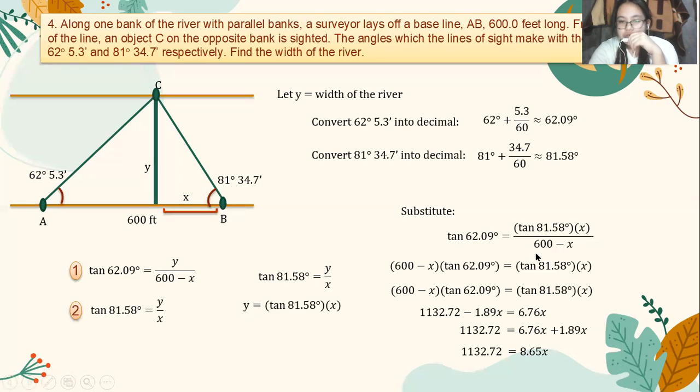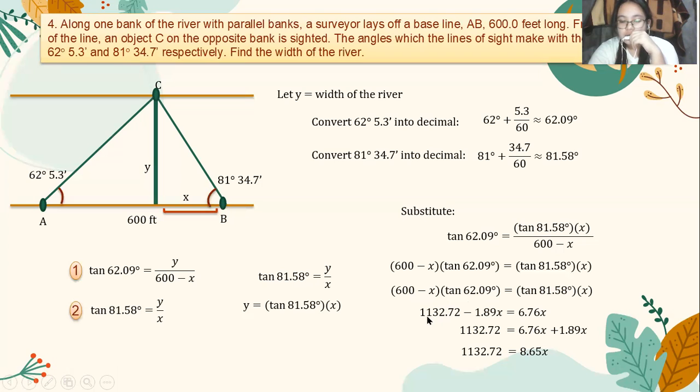So we have tangent 62.09 degrees equal to tangent 81.58 degrees times x over 600 minus x. Cross multiplying, we get 600 minus x times tangent 62.09 degrees equals tangent 81.58 degrees times x.